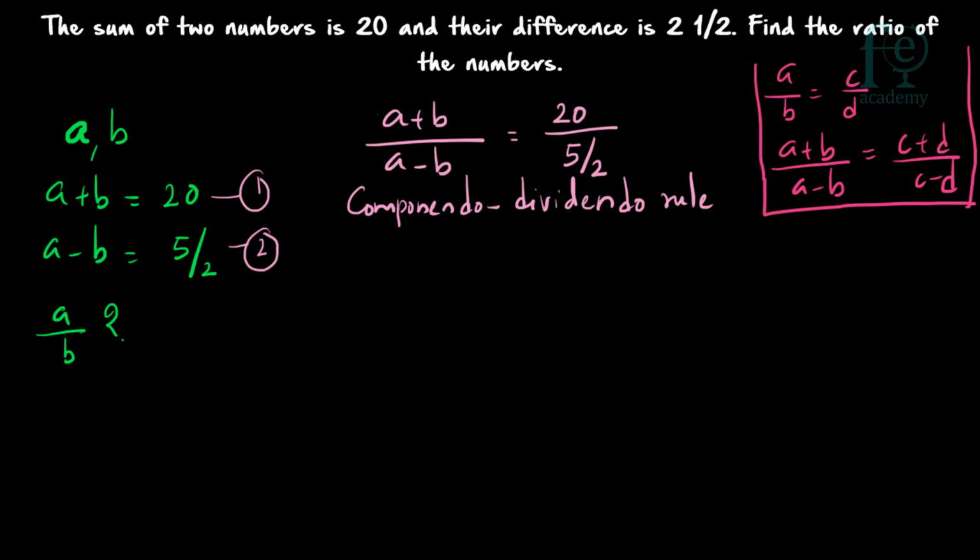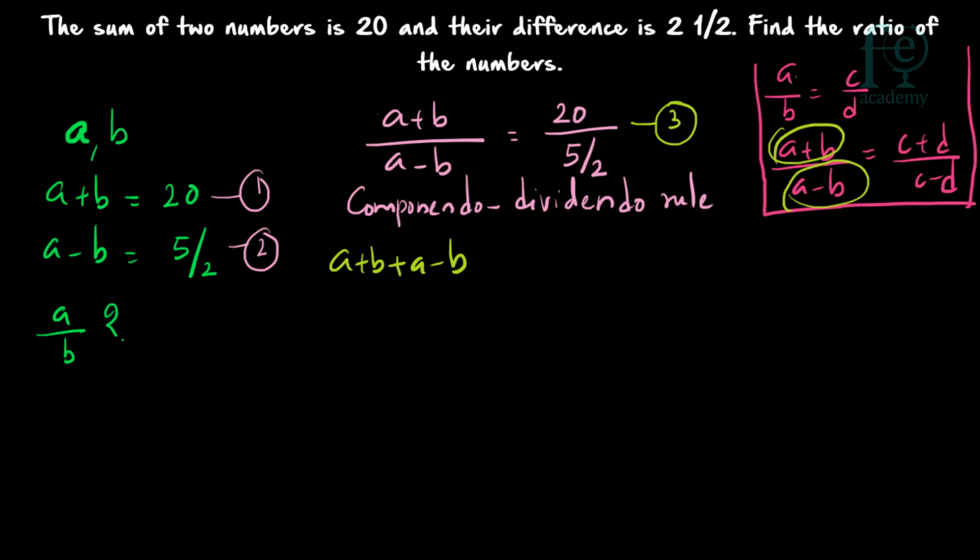So this componendo dividendo rule I am going to apply to equation number 3. Okay, I am just naming it as equation number 3 and I am going to apply the rule to this equation. So what you will be getting? A plus B plus A minus B, numerator plus denominator, the whole divided by numerator minus denominator.